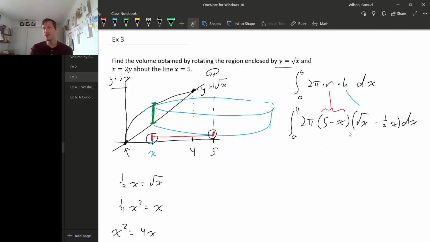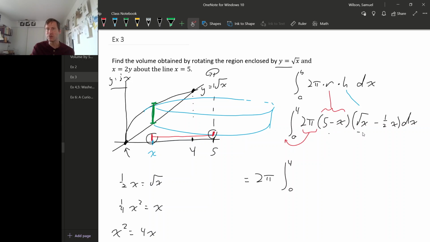Since every term, when we multiply this all out, is going to have just a power of x in it, we can just use the power rule to integrate this once it's all multiplied out. So this seems like a pretty good strategy for evaluating this integral. I guess while we're at it, why don't we move 2 pi outside. So for this integral, we get 2 pi times the integral from 0 to 4.